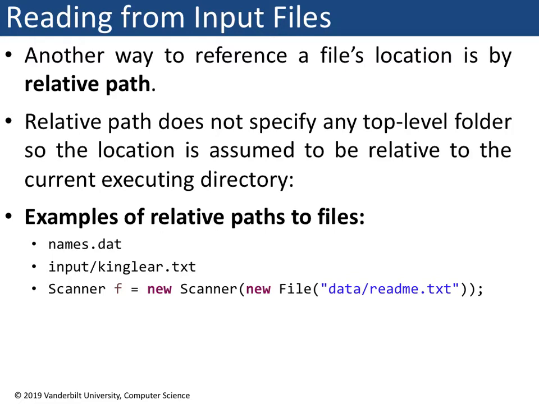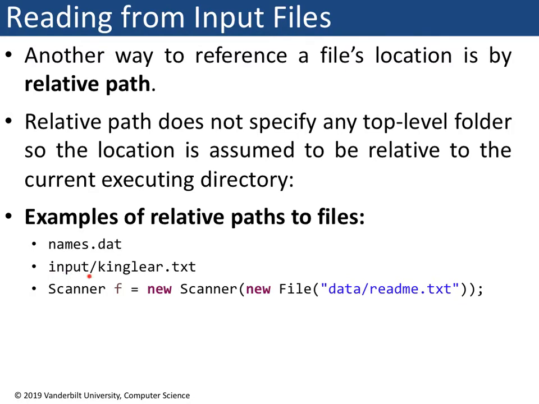So when we set up the IntelliJ project, we said the topmost directory would be called CS1101, and then we would just make modules inside of CS1101. So if we were to give a relative path that was just names.dat in Java in the IntelliJ IDE, then names.dat would have to exist in the folder CS1101.